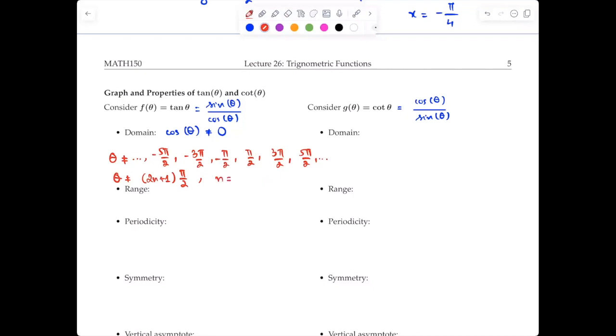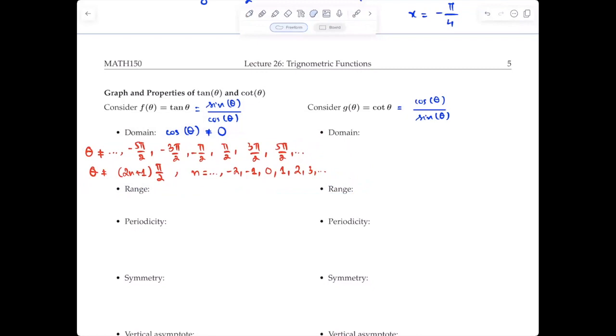So n can be dot dot dot, negative 2, negative 1, 0, 1, 2, 3, and so on and so forth. So theta different from 2n plus 1 times pi over 2 is the domain of the tangent function.